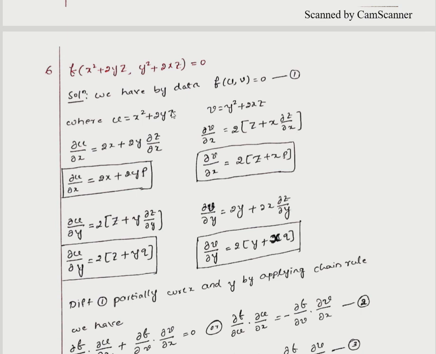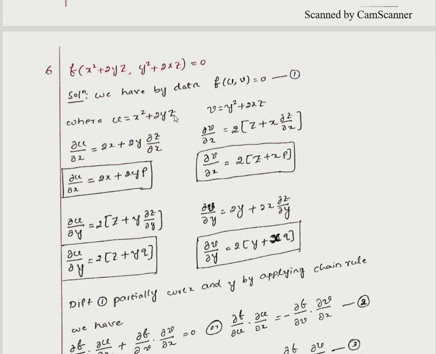Here 2y with respect to x, 2y is a constant, right as it is. What is the derivative of z with respect to x? ∂z/∂x. Here ∂u/∂x equals 2x plus 2y times ∂z/∂x, which is p. Similarly, ∂u/∂y, differentiating u partially with respect to y: x² is constant, so 0. Next, 2 is the common term, take it outside, and these two are functions of y, because y is a function of y and z is also a function of x and y.